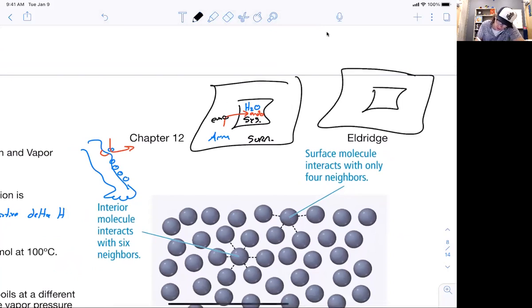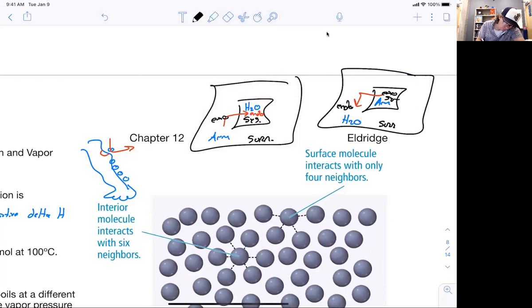So if you call your arm the system, the chemicals on the surface of your skin where the water is evaporating from, and the water the surroundings, heat is still going from your arm to the water, but now the surroundings are endo. They're absorbing heat. And your arm is still exo, the system.